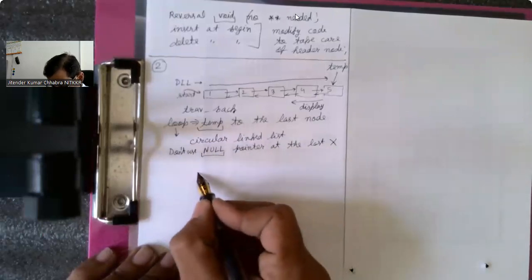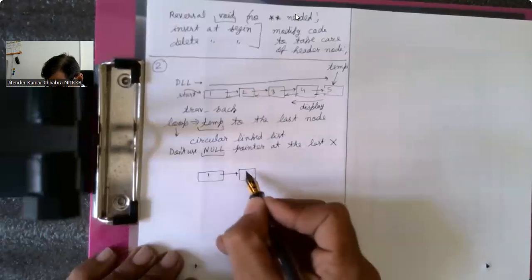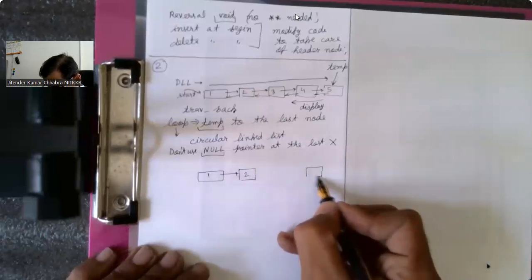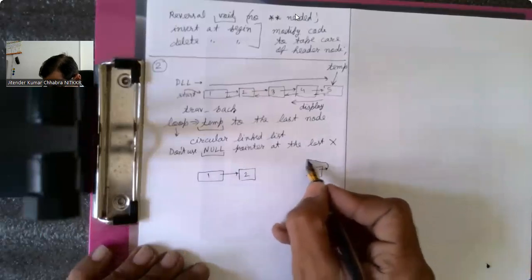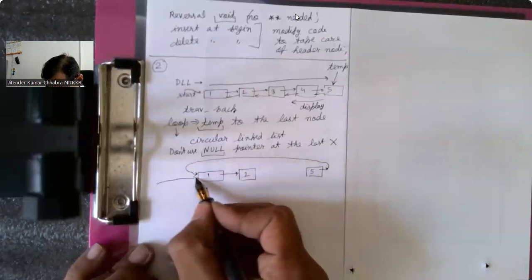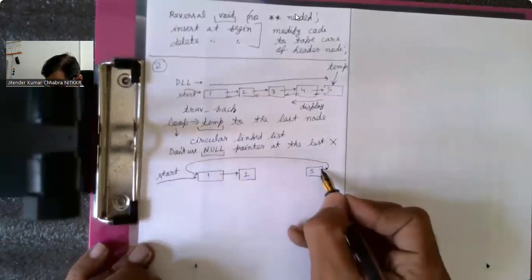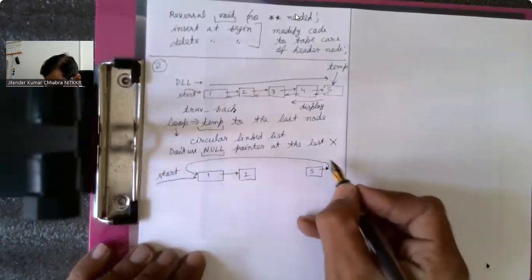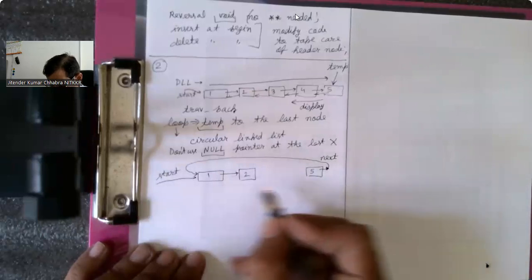We will say the list will have a circular nature. 1, 2, and so on to 5. 5's next pointer will not be null. It will point to the start itself. So this is your start pointer. 5's next, which was earlier being used as null, will point to the start.